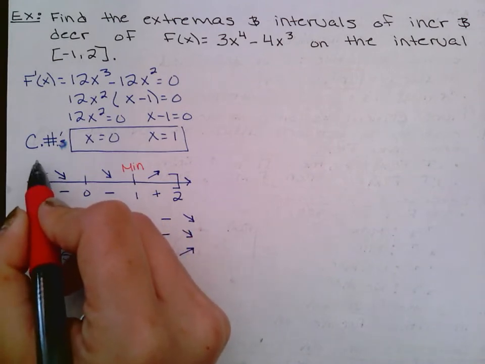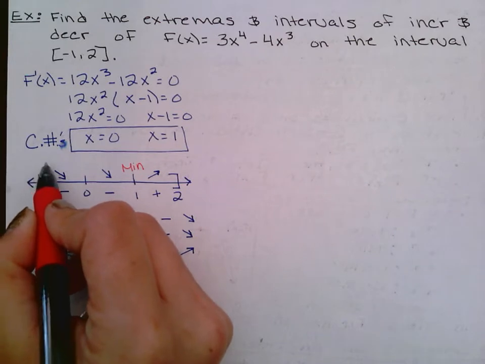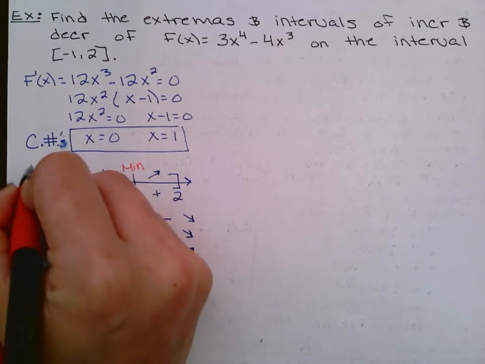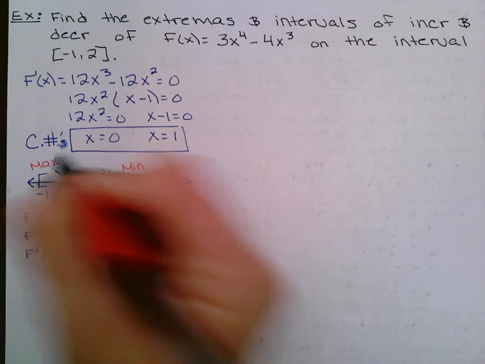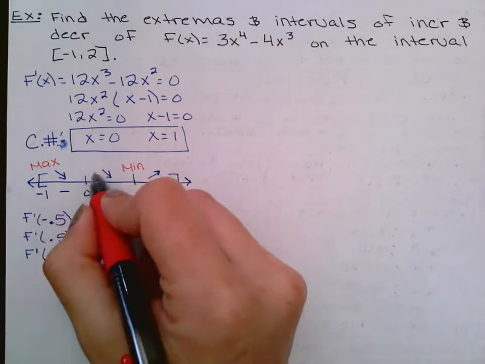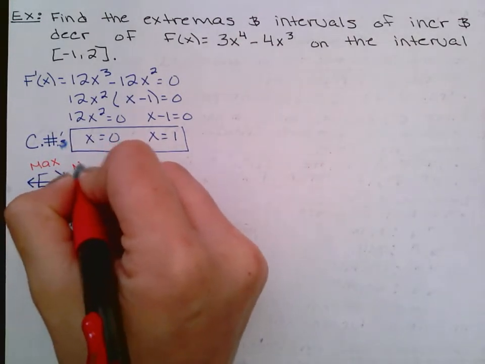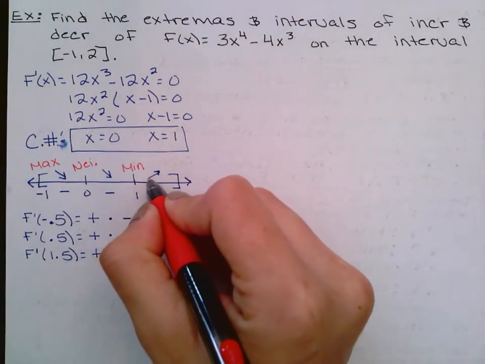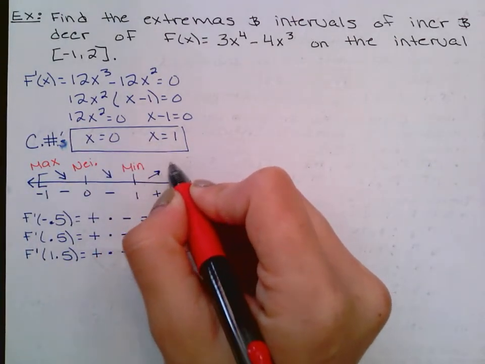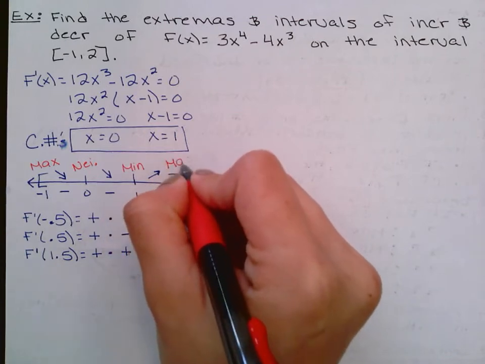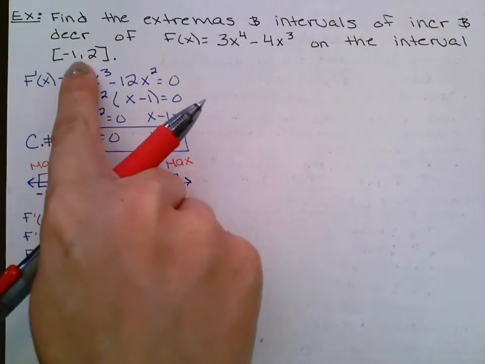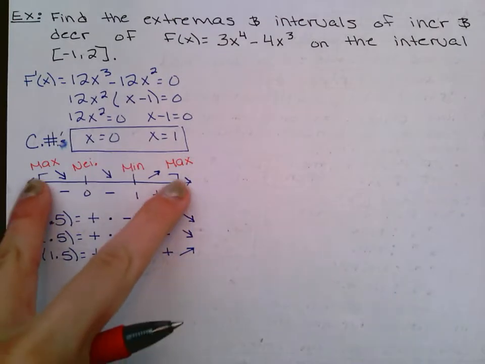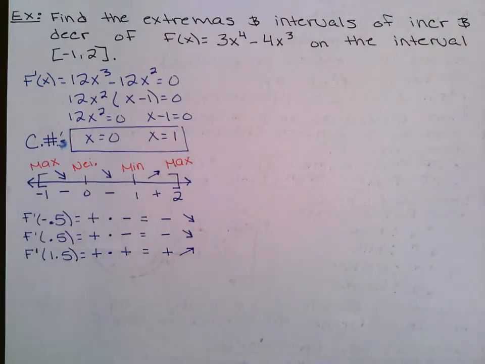Think about if you're on a ride. You must have been somewhere up high if you had to go downward, which makes this a max. And then because this does not switch, this is neither. And then here, if I went up, up, up, up, up, and then I stopped, this must be a max. Now, if this interval had parentheses, it means we would not include the endpoints, and I would not have written these two, okay?